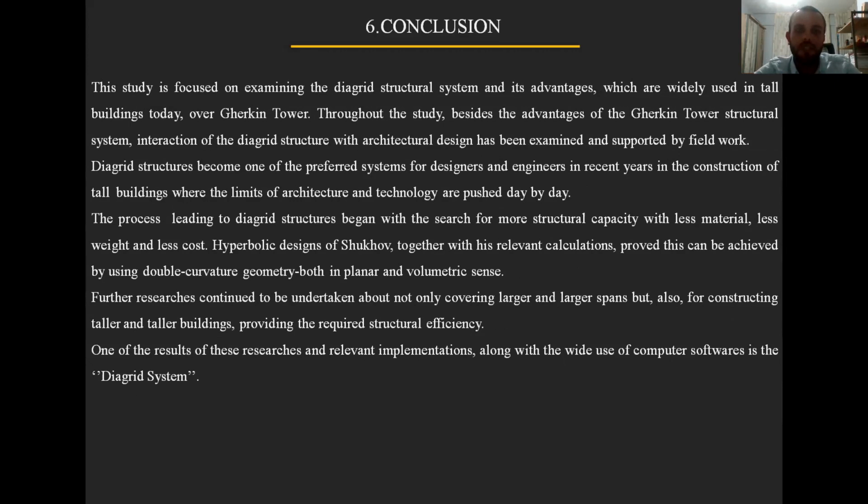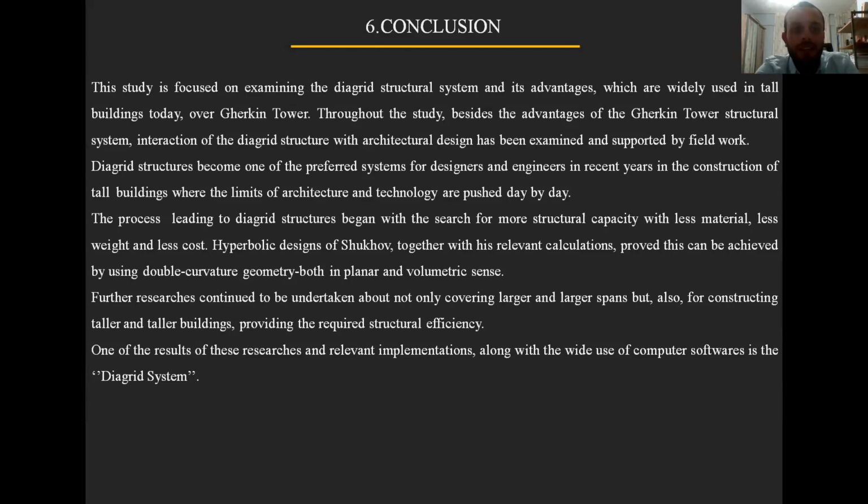Conclusion. This study focused on examining the Diagrid structural system and its advantages, which are widely used in tall buildings, over Gherkin Tower. Throughout the study, besides the advantages of the Gherkin Tower structural system, the interaction of the Diagrid structure with architectural design has been examined and supported by fieldwork.